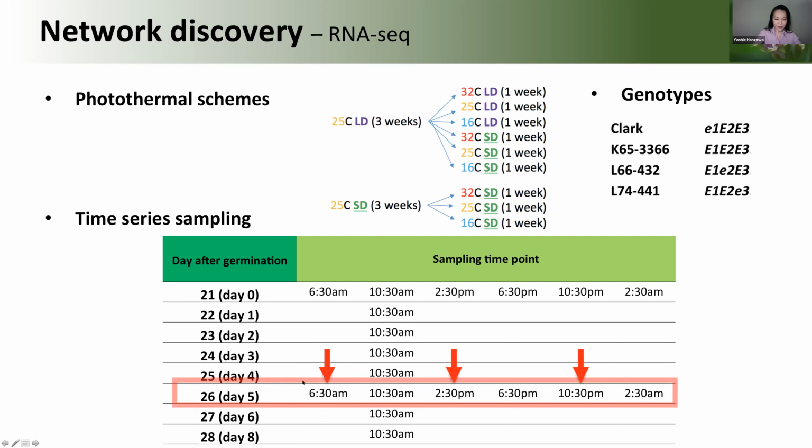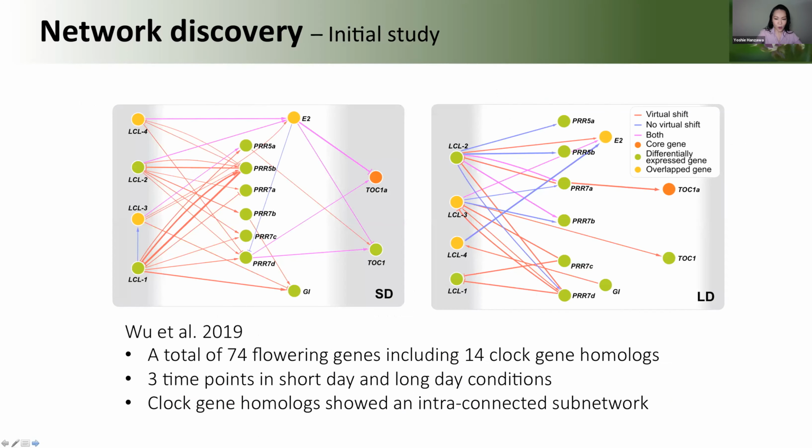But actually, this is a previous, earlier work. We first used only 3 time points to see what we might be seeing. This initial work focused on a larger flowering gene network, and we included 74 selected genes in this inference work.